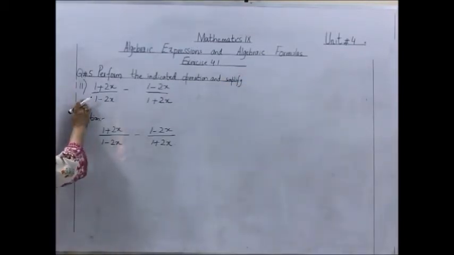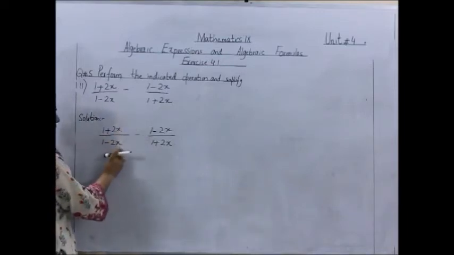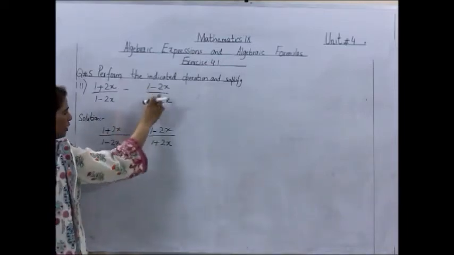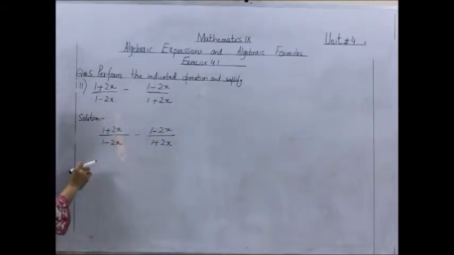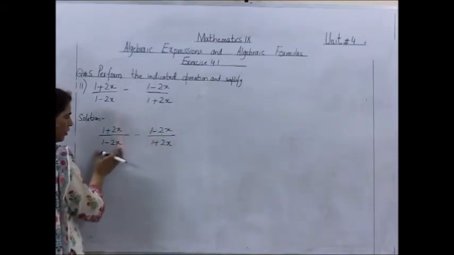Question number 5, part 2. 1 plus 2x over 1 minus 2x, minus 1 minus 2x over 1 plus 2x. As in the last question, we made the denominator the same.